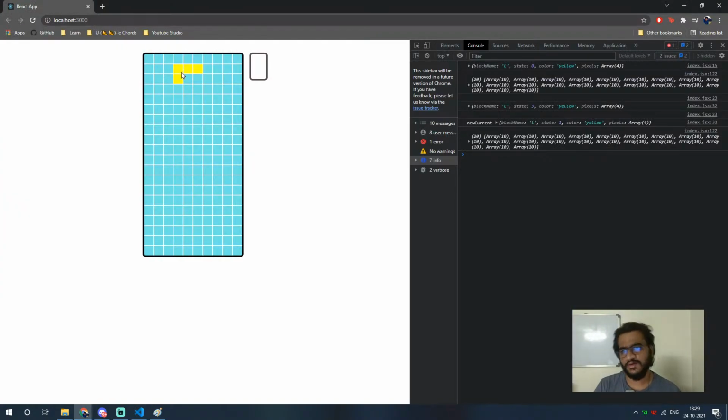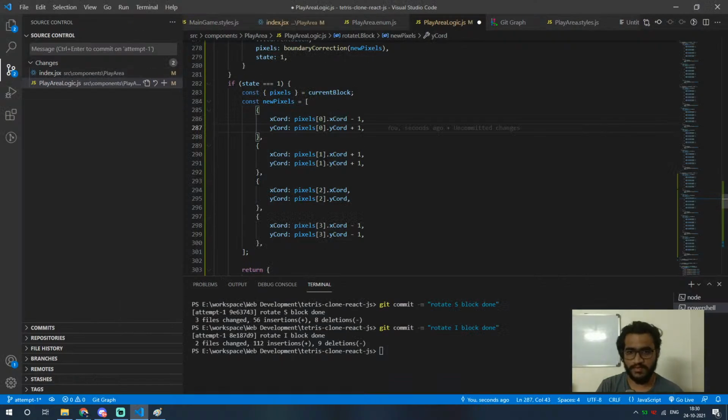Then for the third, Y would decrease by 1, X would increase by 1.